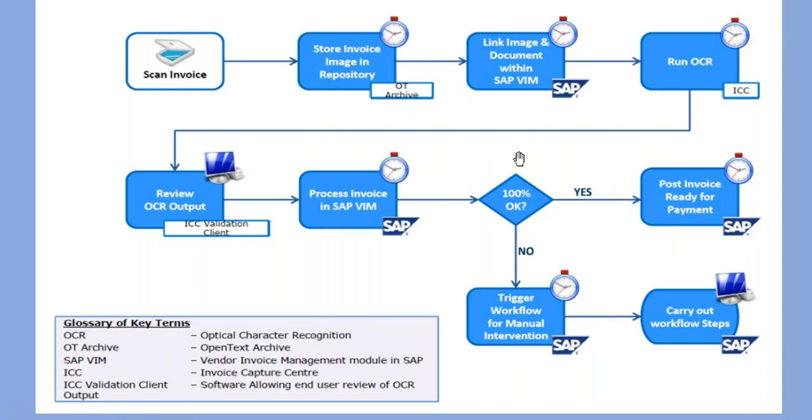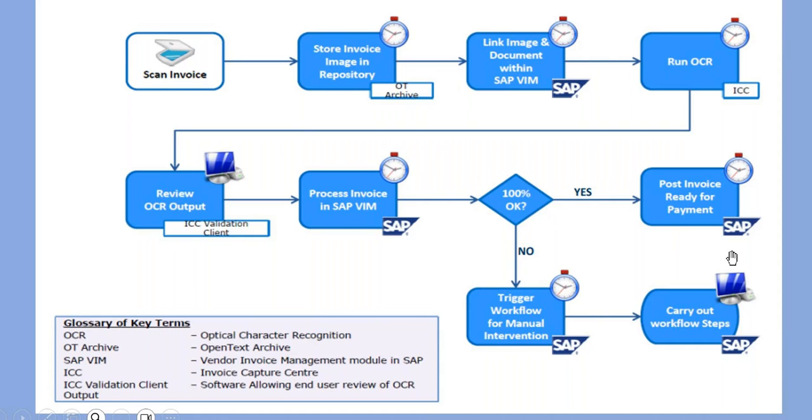So this is the end-to-end process that is happening in VIM from scanning to the posting. Once the accounting document is generated, then the payment run comes into the picture, which I think the FI team will be looking at, because the process of VIM is complete only until posting.